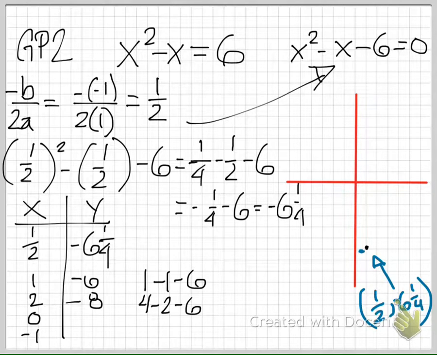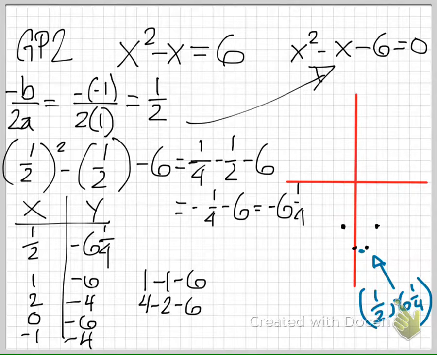Let me double check my math there. 4 minus 2 is positive 2, and then positive 2 minus 6 is negative 4. So that would be right over here. Then 0 minus 6, well, that's easy, that's negative 6. It's going to be right about here on the graph. And then negative 1, when we do our math, we get negative 4.